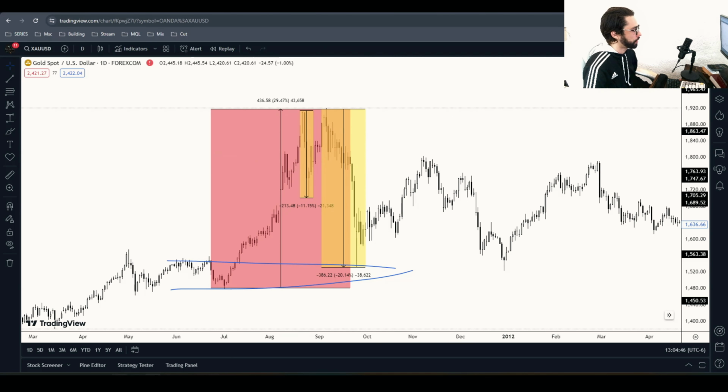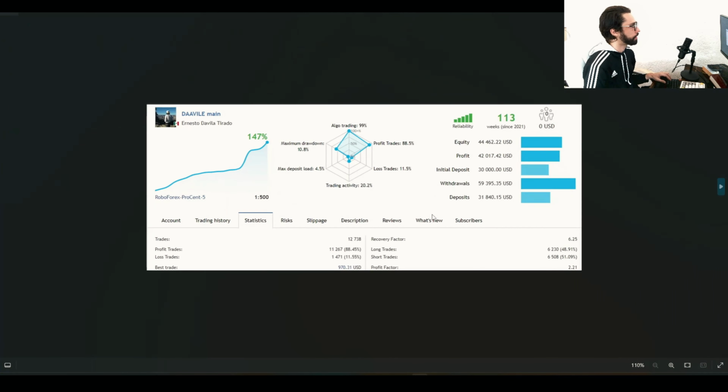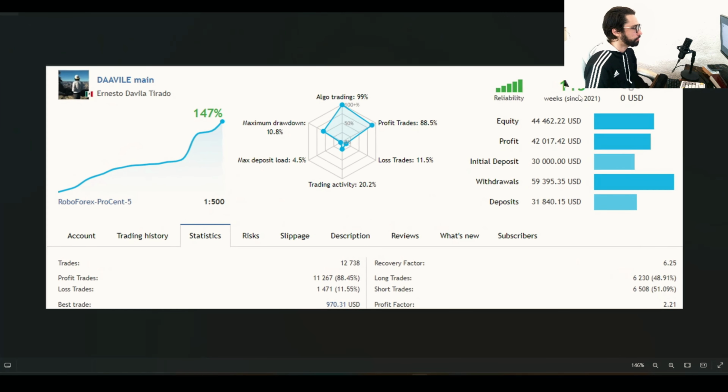It's very impressive, because after 133 weeks, it was more or less 2 complete years, and a sample of 1,273 trades, we have an 88% win rate and a recovery factor of 6.25, even though I'm not taking a lot of losses.